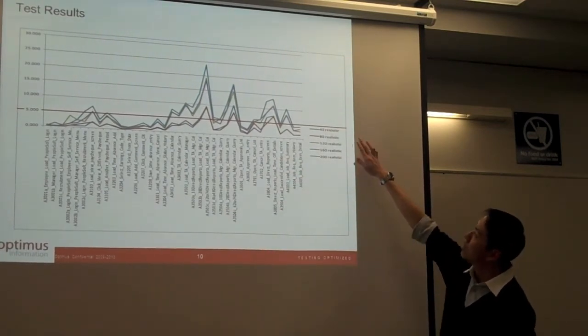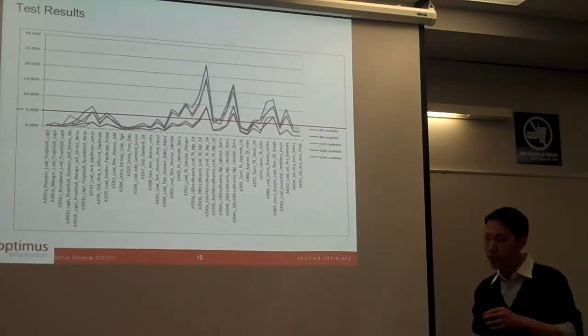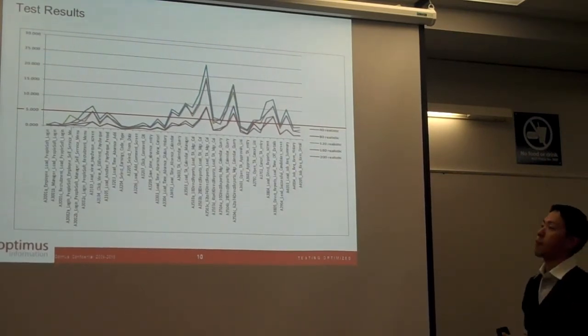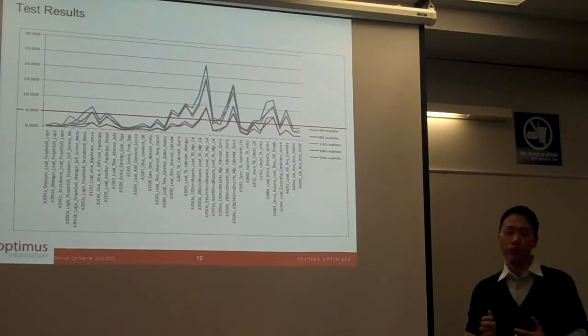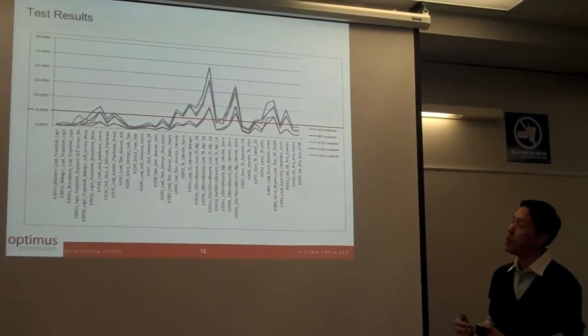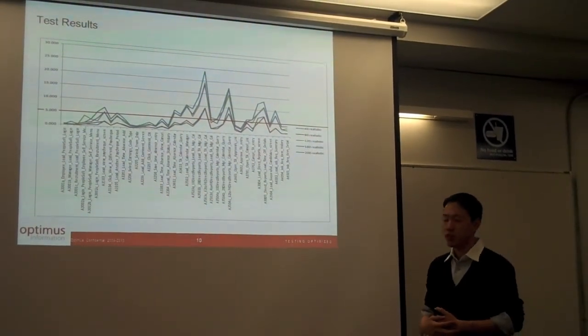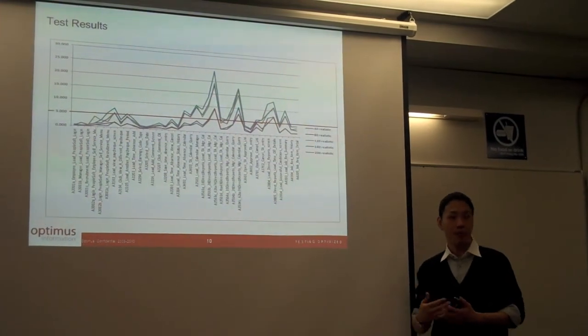And we mark a red line for 5 seconds. That is because during discussions with different business groups and server groups, we came up with a 5 seconds acceptance criteria for the performance.